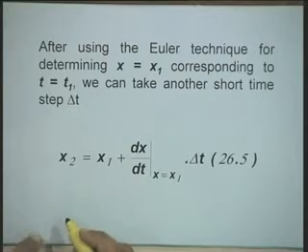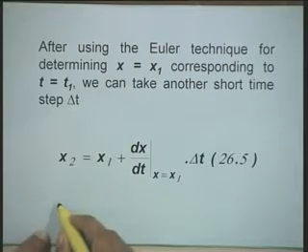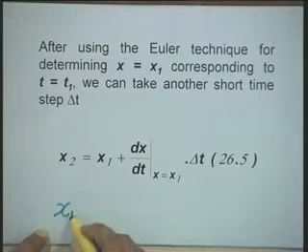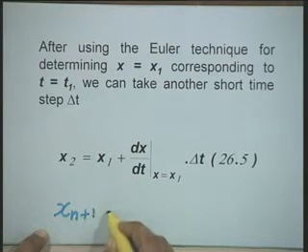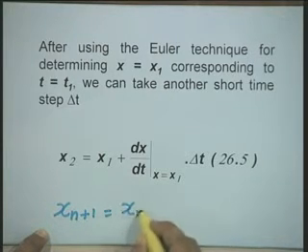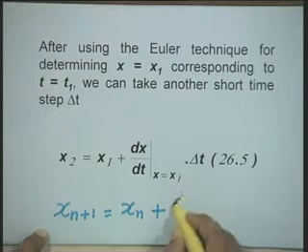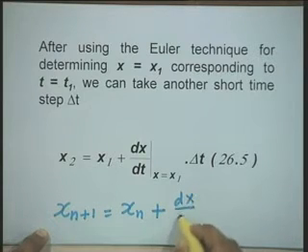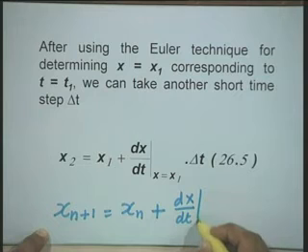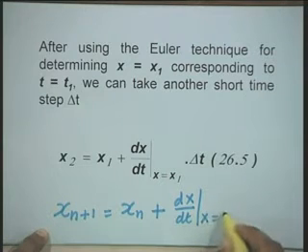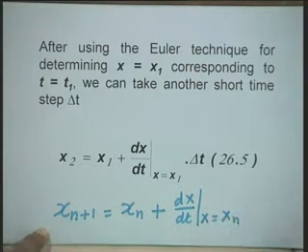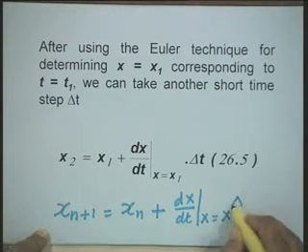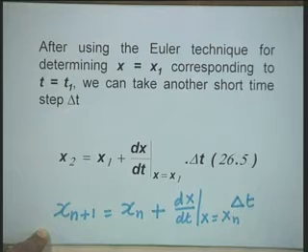Therefore, in general you can write an algorithm using this Euler method as x n plus 1 is equal to x n plus dx by dt, x evaluated at x n, that is you evaluate this derivative at x equal to x n, and this is to be multiplied by time step delta t.